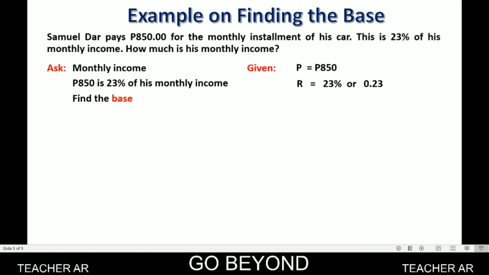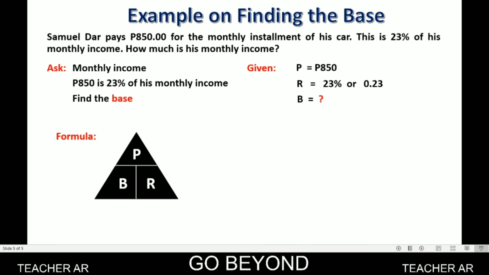So we are looking for the base. What is now the formula in finding the base? The formula in finding the base is percentage over rate. Or base is equal to percentage divided by rate.